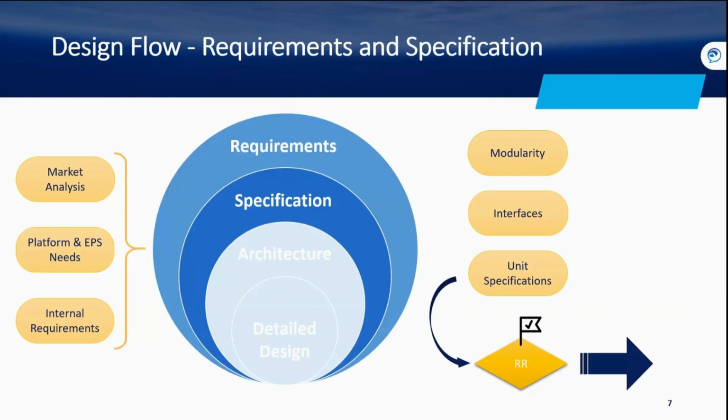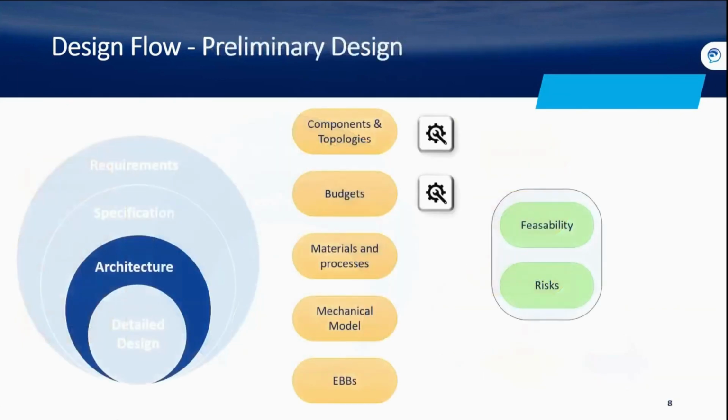So we will come up with a final kind of preliminary requirement assessment, which we call the requirement review, and then we can move on to the next phase, which is the preliminary design phase.